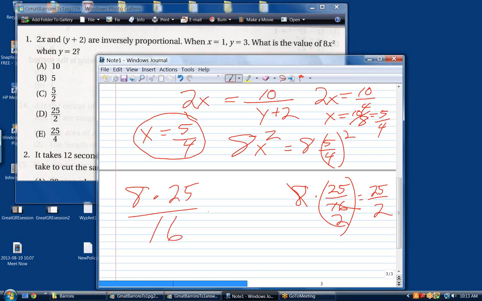Well, notice how much harder that is. That becomes 200 divided by 16, which now I have to do a lot of manual arithmetic to get the right answer. Whereas if we simplify it first, like I did, then we immediately have the right answer, 25 halves, which is D.